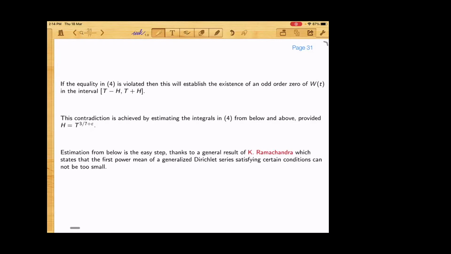Here also one has to find an upper and a lower bound for the integral I. Estimation from below, the lower bound, is extremely easy thanks to a general result of K. Ramachandra on first power mean lower bounds for a general Dirichlet series, which says that under certain conditions the function cannot be too small.